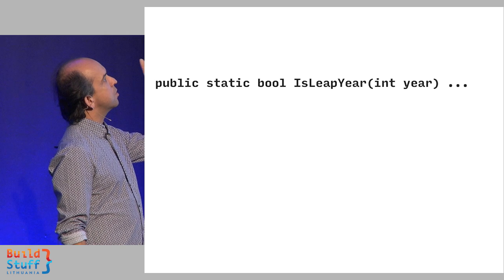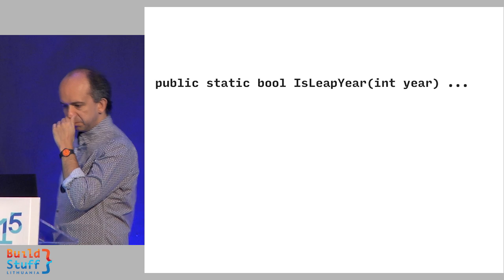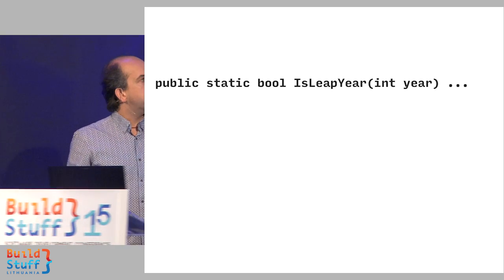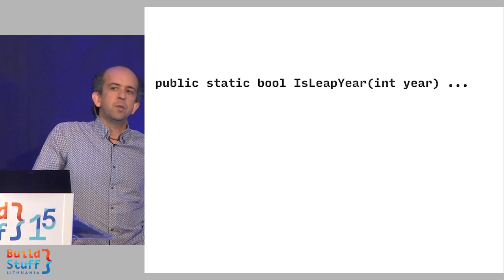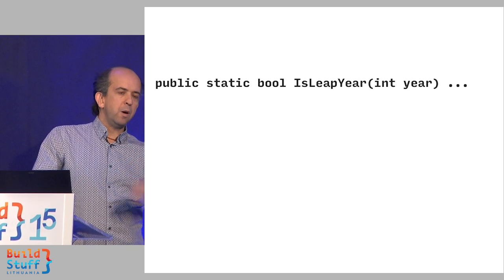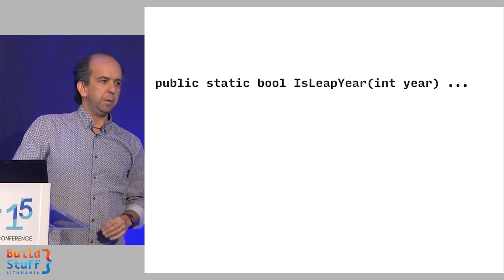A piece of C# that classifies when a year is a leap year. My experience tells me that when you ask software developers, roughly between 5 and 10% of people know the full rule for the Gregorian leap year.